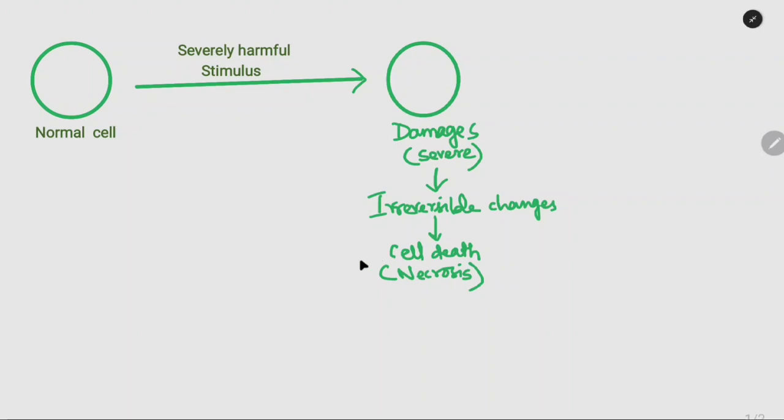Now, whenever necrosis occurs in our body, calcium gets deposited in the necrotic tissues. This type of calcium deposition is called dystrophic calcification.